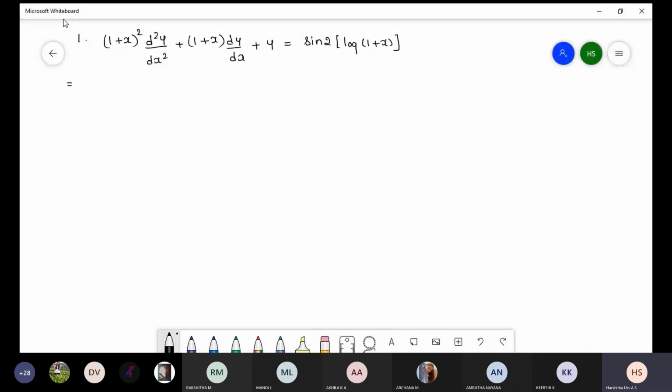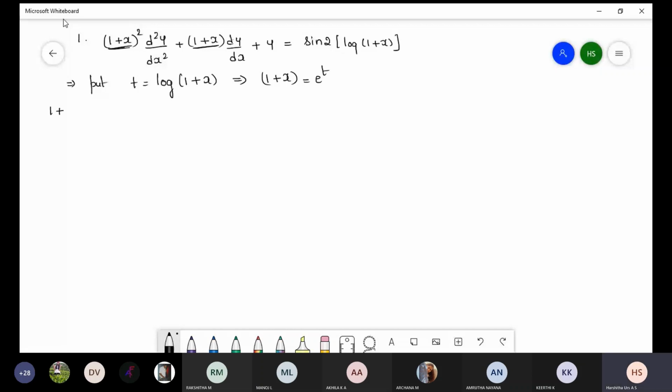Now start the solution. We have to see this term: it should be the same in every term, but the degree should match. Here second order with degree 2, first order with degree 1. So put t is equal to log of 1 plus x, that implies 1 plus x is equal to e power t.